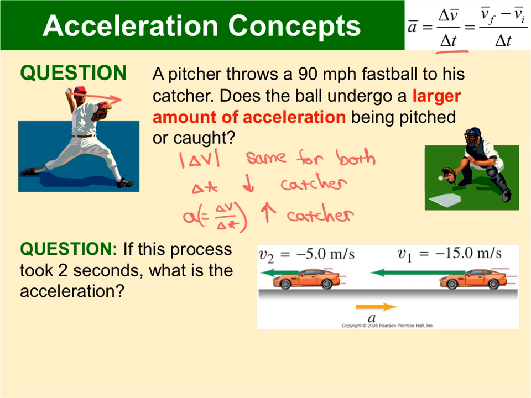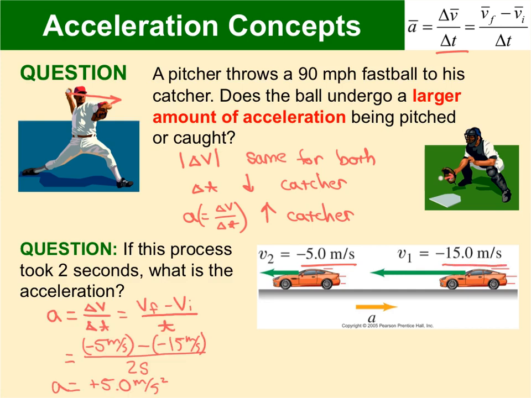Let's consider the car here. It's slowing down from -15 going to the left to -5. In the case of the car slowing down, I wrote down our equation here. Of course, we see that acceleration is a change in velocity, and then I plugged in my numbers. It's final minus initial, but our acceleration came out to a positive value.